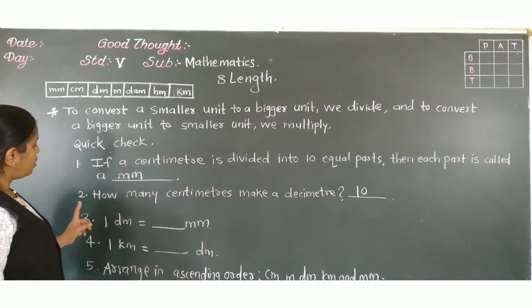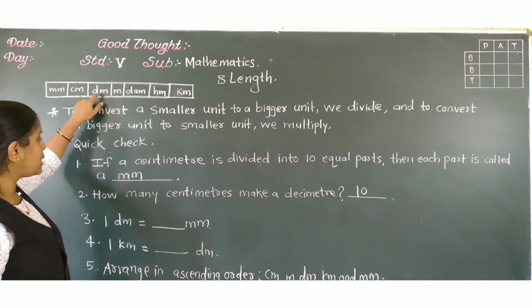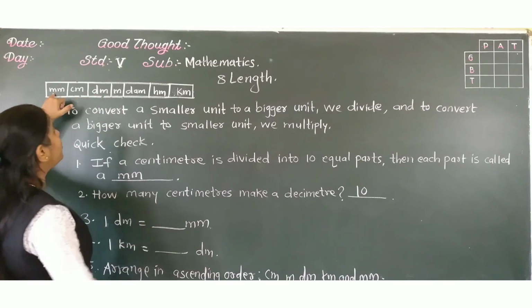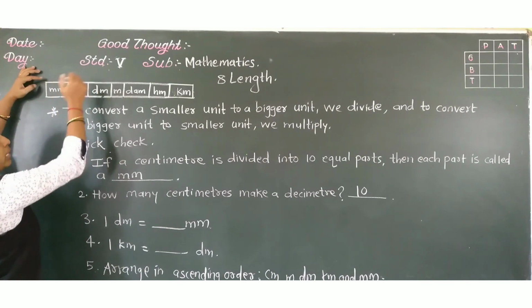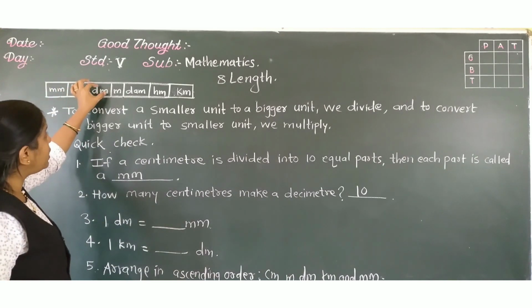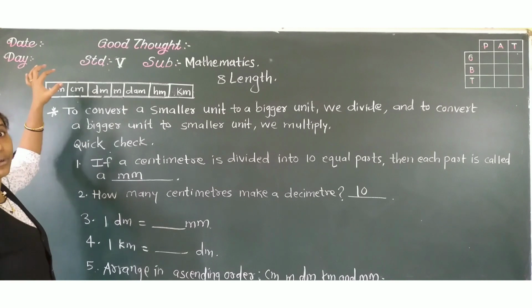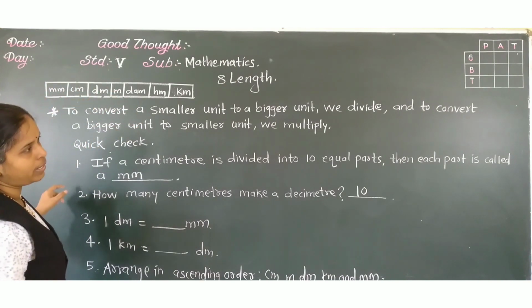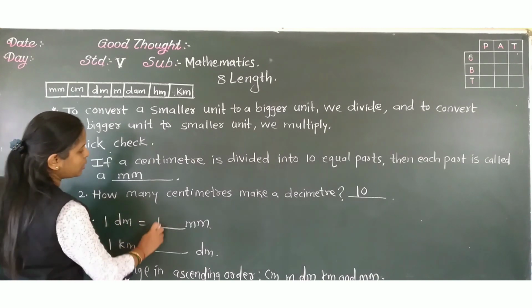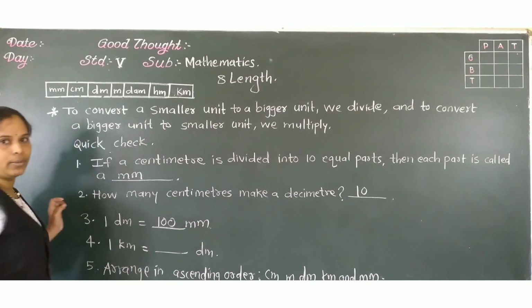So 1 decimeter is equal to how many millimeter? So see here, this 10 into 10. Now we have to convert decimeter into millimeter, means we have to multiply. So 10 into 10, 100. Okay. So 1 decimeter is equal to 100 millimeter.